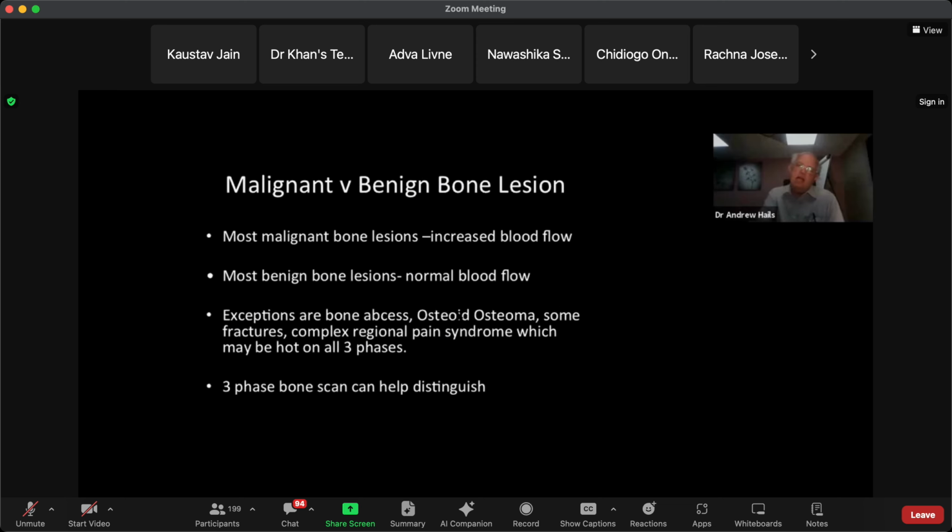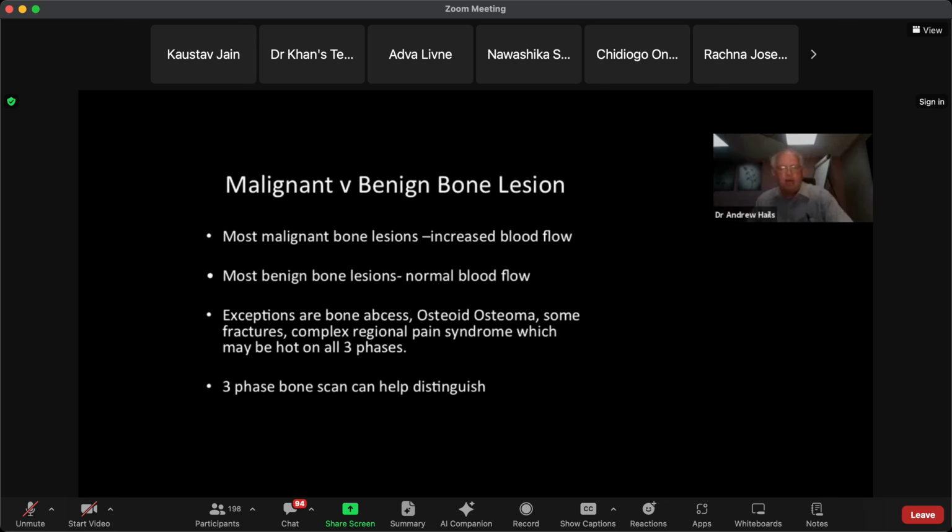So most malignant bone lesions have increased blood flow, and most benign bone lesions have normal blood flow. But again, there are some exceptions. As we've already seen, some fractures, stress fractures, may have increased uptake on all three phases.